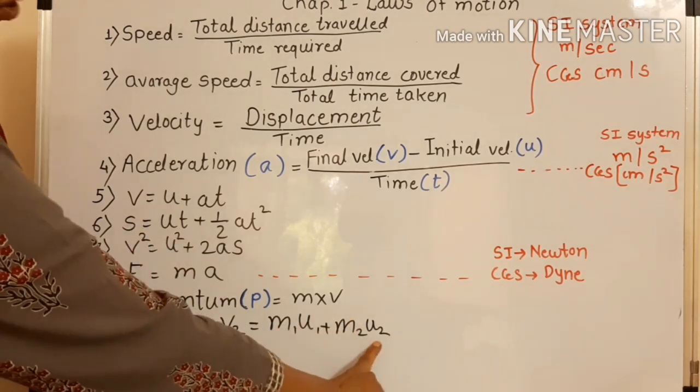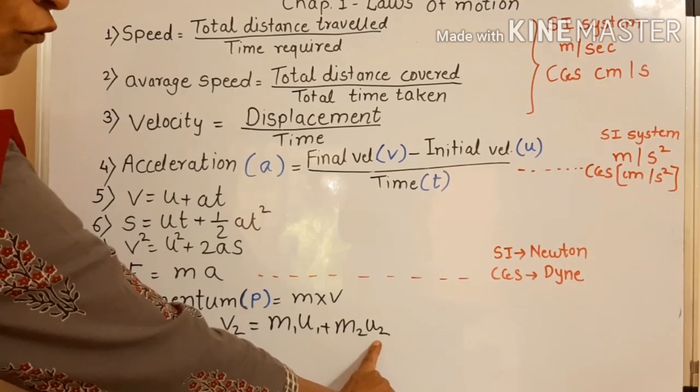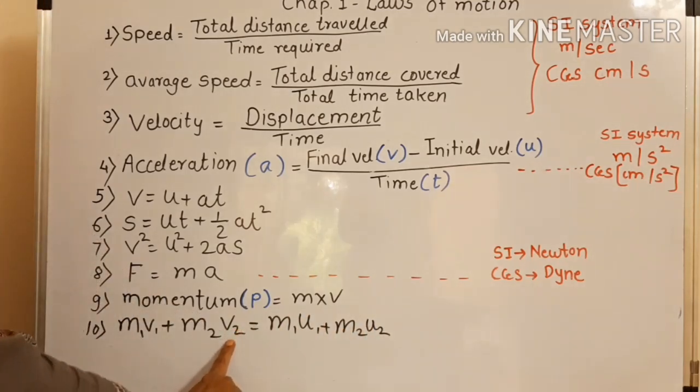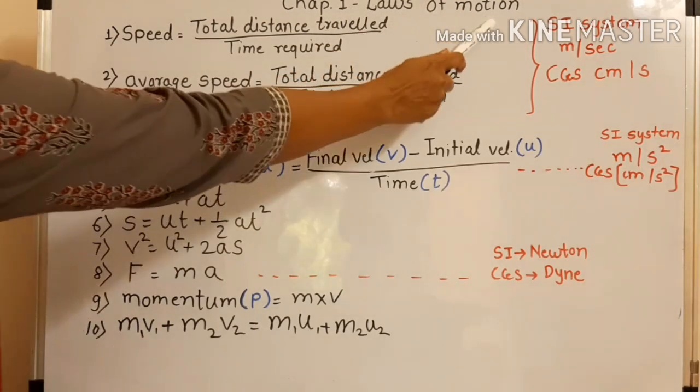Similarly, u2 is the initial velocity and v2 is the final velocity of the object having mass m2. So these are the important formulas which we are going to use while solving numericals based on the first chapter, Laws of Motion.